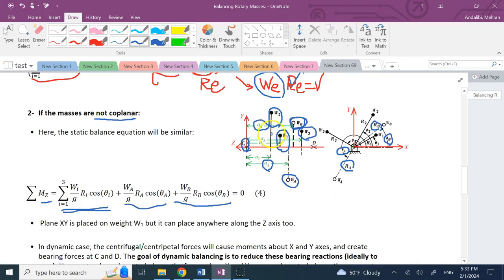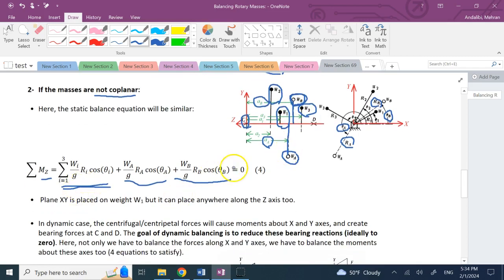So these AA and AB, as I said, are typically chosen to be equal to like A1, A2, or A3, and we don't typically choose separate distances other than those, because then we have to attach those balancing masses with some rod, with something to the what? To the shaft. Okay? So this is the static equation.